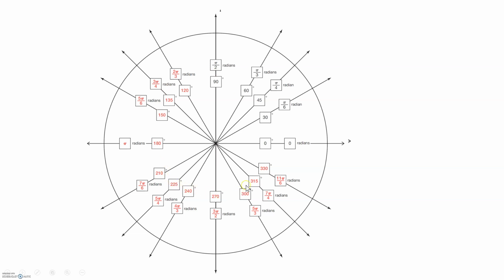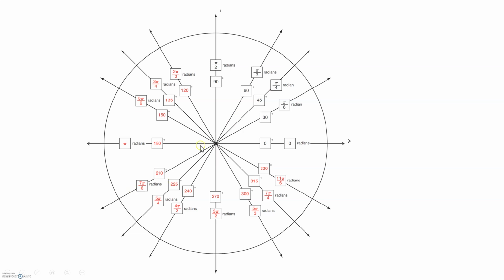Okay, and the way to get these pi over 6 and pi over 4 is by using those formulas to convert radians to degrees and degrees to radians, right? That's why I introduced those formulas first, so that the circle now hopefully makes sense.